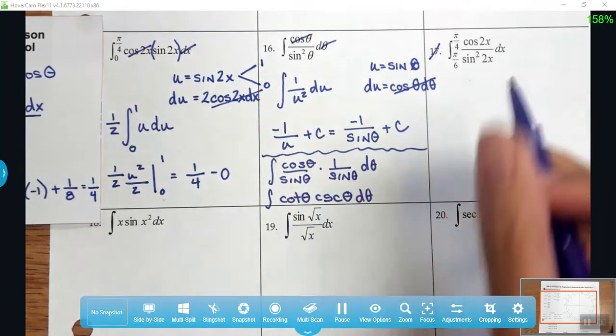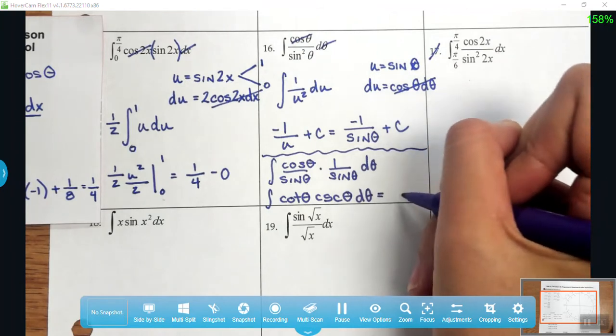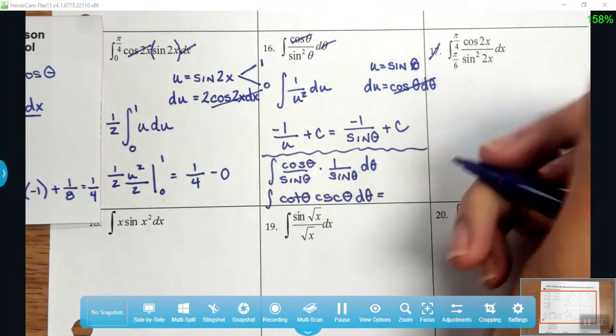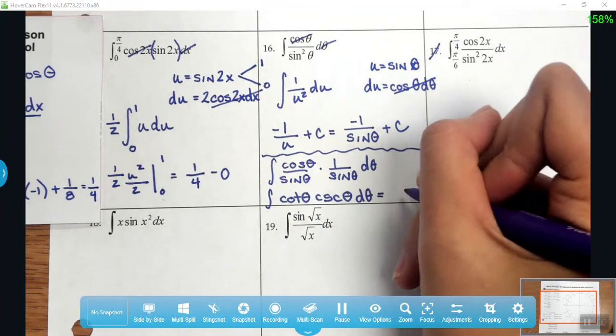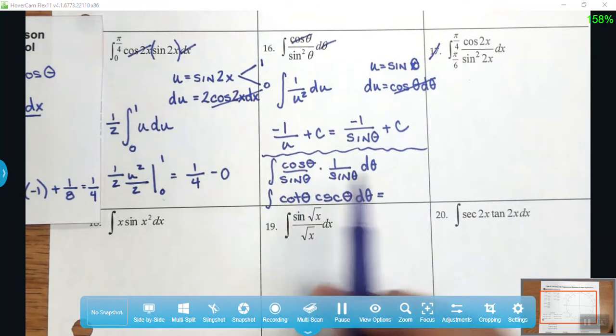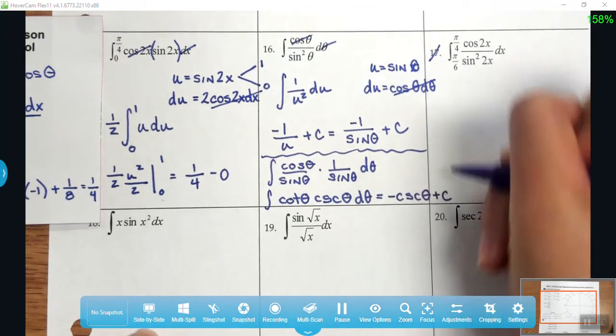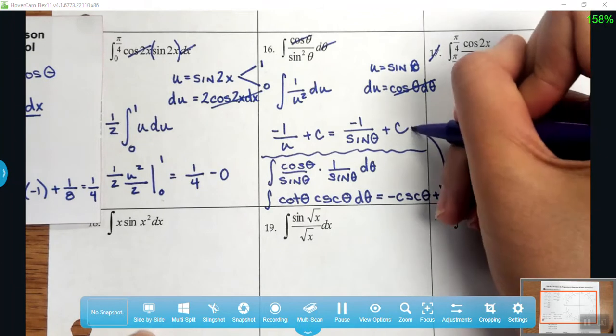And what's the integral of cotangent cosecant? Negative cosecant theta plus c, which is the same as this.